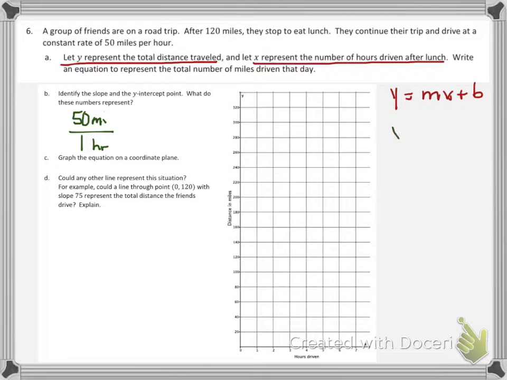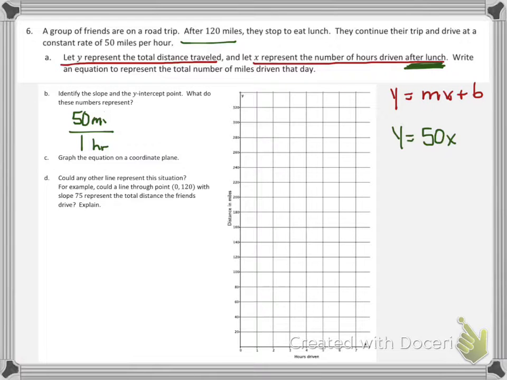So I can write Y equals 50 times X. And then we're just talking about the miles after lunch. And that means in order to get our total distance, we're going to have to talk about these 120 miles that they drove before lunch.